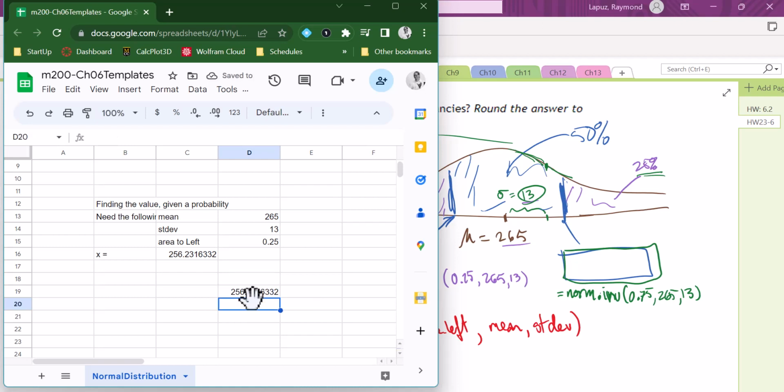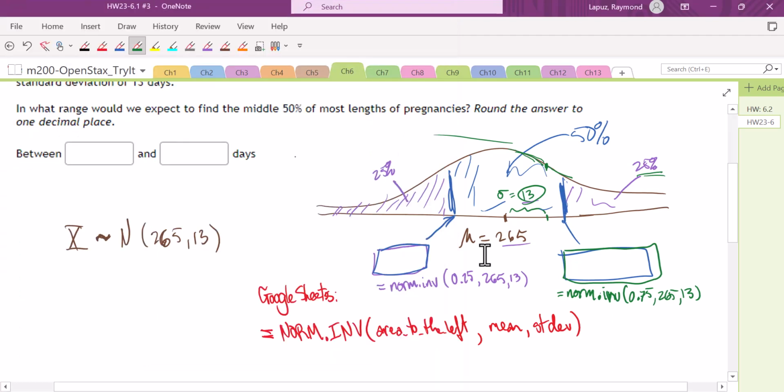Rounding off to one decimal place, it's 256.2. Let's put 256.2 for this. That makes sense because it's on the left of 265. If you got a number bigger than 265, then that's wrong because this is on the left side.